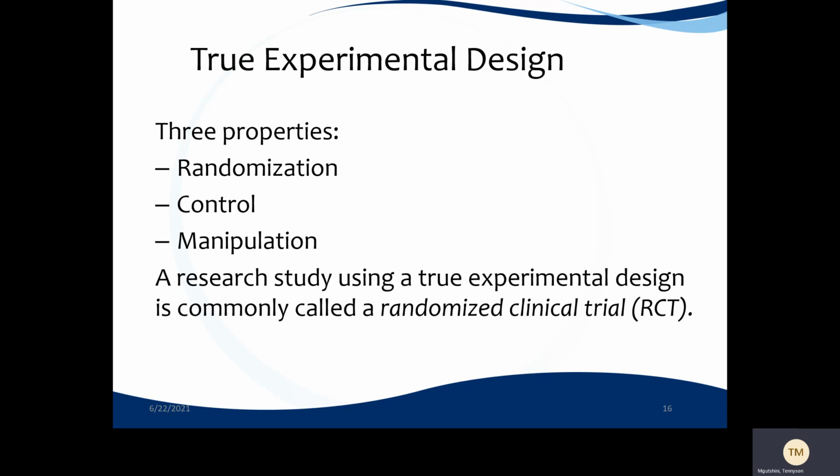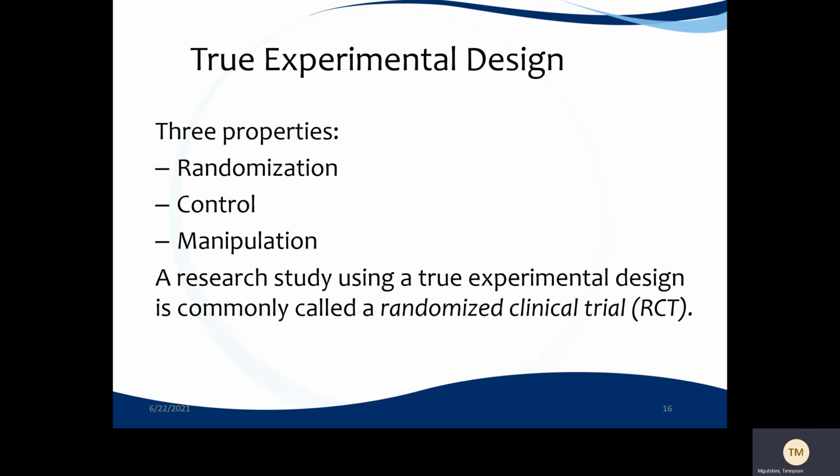Firstly, the first property is that it must have evidence of randomization. And that evidence of randomization relates to the fact that in your selection of a sample, or in your selection of the subjects for your study, you must show that you selected them through a randomized process, a process where you chose them through statistical and mathematical probability. So that's the first characteristic.